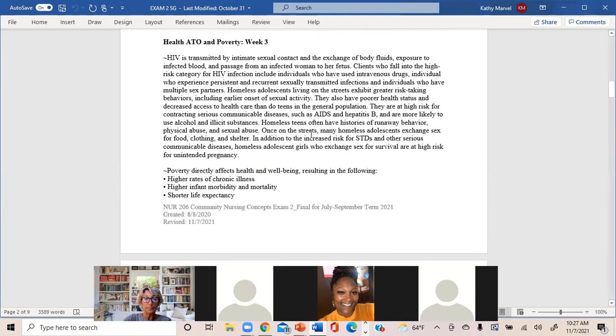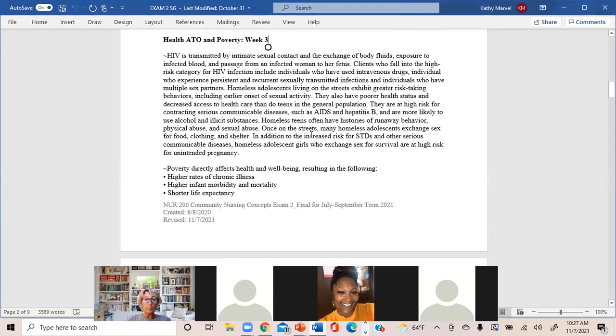Okay. So ATOD, health, alcohol, tobacco, and other drugs. That's what that means. Okay. So have a look at this first paragraph. It's a big one.